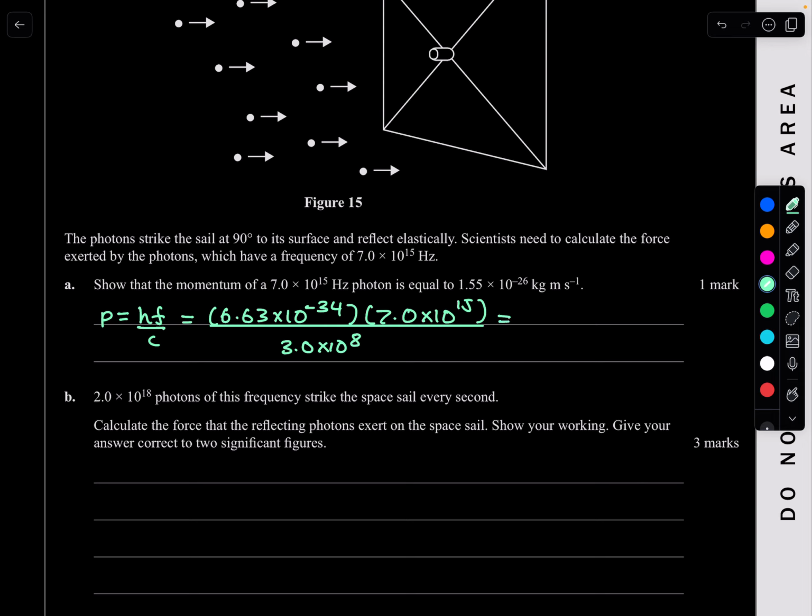That's going to give me that value. 6.63 times 10 to the negative 34 times 7.0 times 10 to the 15, divided by 3.0 times 10 to the power of 8. And that gives me, yes, it looks the same. Beautiful. Basically 1.5 times 10 to the power of negative 26 kilogram meters per second. Done.